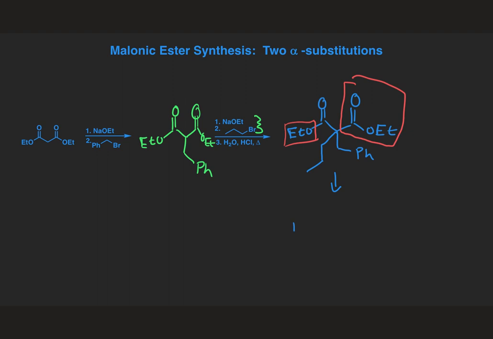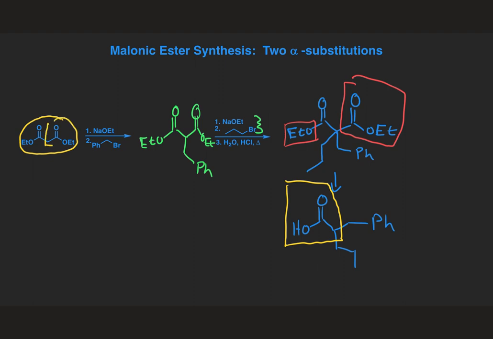So we get benzyl propyl. So if we're identifying where everything came from, that came from our starting malonic ester.